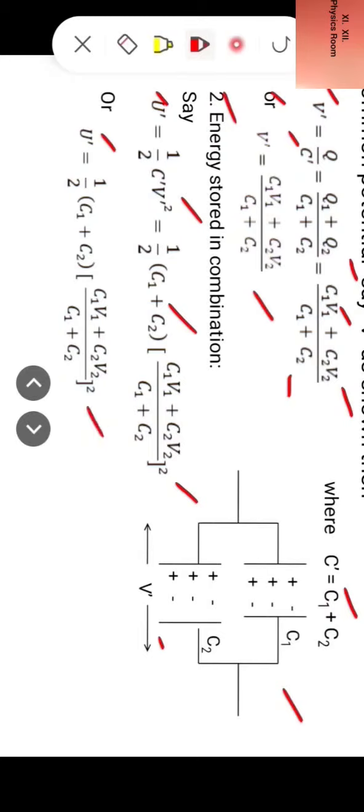So this is how we have the common potential across combination and energy stored in the combination, when the two capacitors are connected across each other or they are connected in parallel.